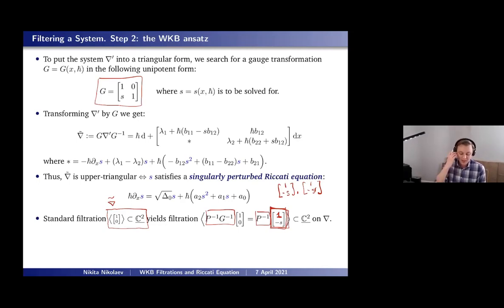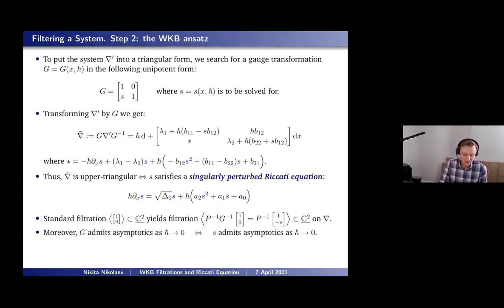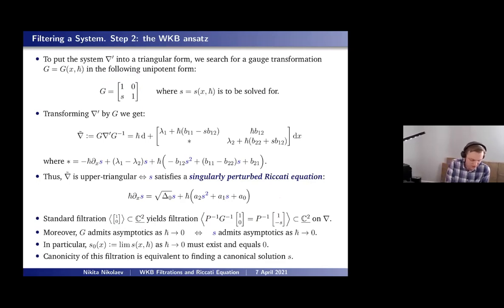So anyway, this is a very long way of saying that, sorry, I skipped a couple of points. The point I'm saying is that the ability of me to construct this filtration in a canonical way rests upon being able to construct a canonical solution to the Riccati equation.